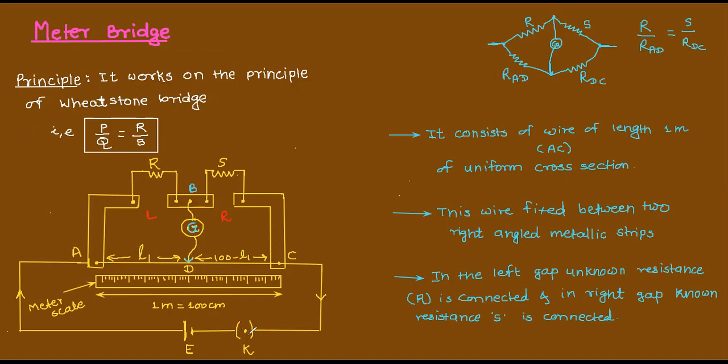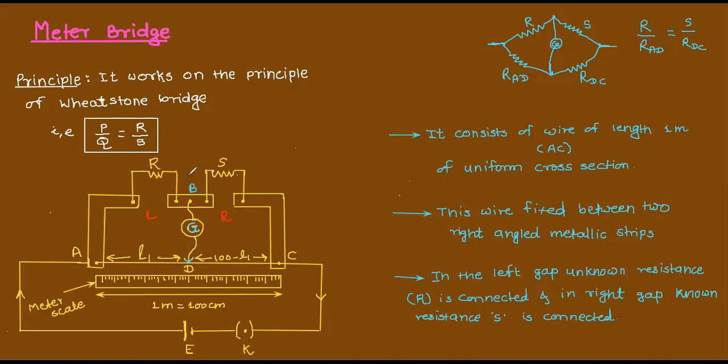When we close this key, this jockey will be in the air. Then we will start from this side, and slowly we will check where the galvanometer shows zero deflection. The point at which the galvanometer shows zero deflection, from that point to this A point is your balancing length.